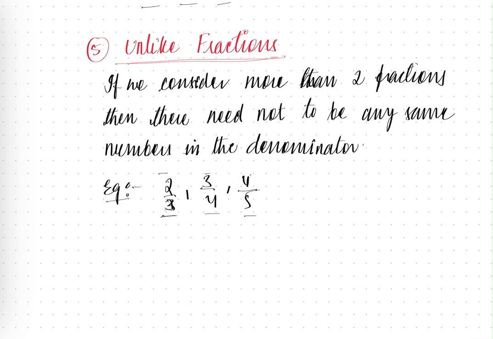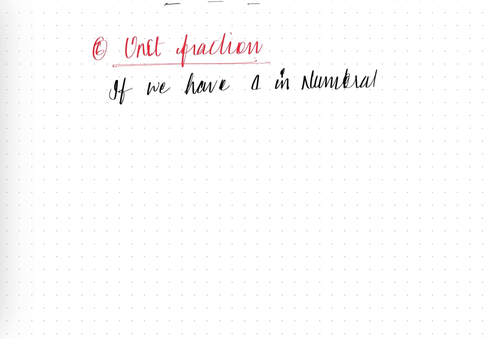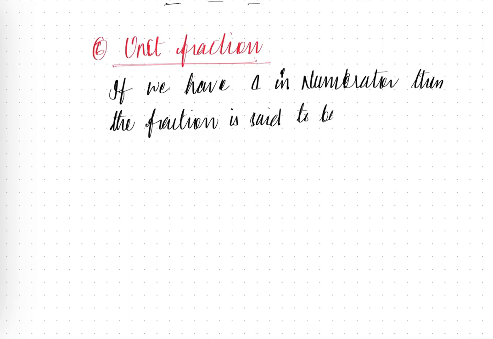Now we are going to see the sixth type of fraction, that is the unit fraction. This is the simplest fraction of all. If we have 1 in the numerator, then the fraction is said to be a unit fraction.